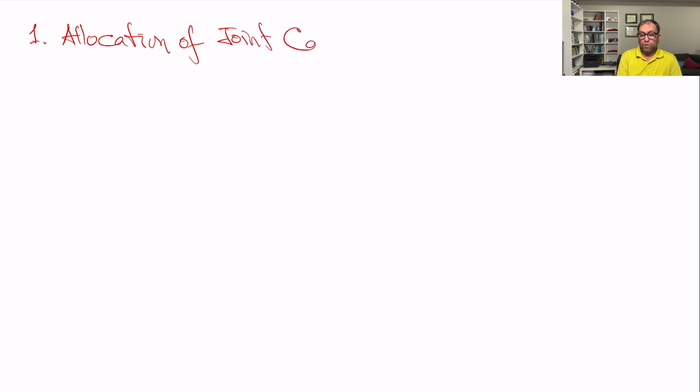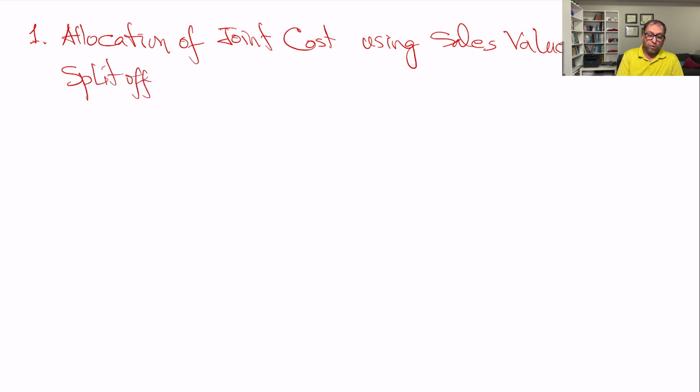First of all, the first part is sales value at split-off. So this is our first part, and we are calculating the allocation of joint cost using the sales value at split-off method.